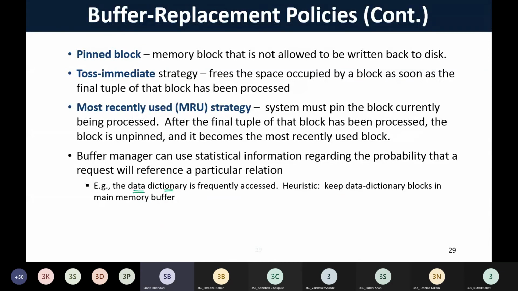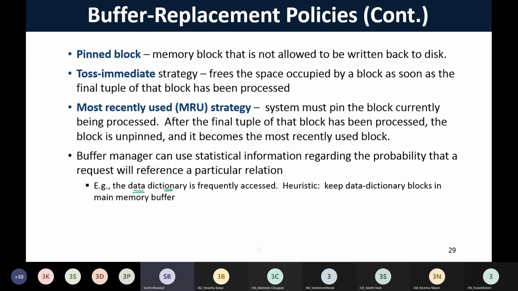So the heuristic says that the data dictionary blocks should always remain in main memory, because whenever we process any SQL statement, the data dictionary is referenced. So data dictionary blocks will always remain in the main memory buffer.